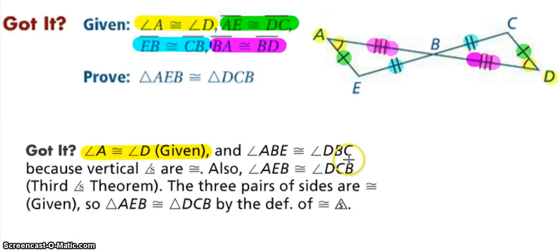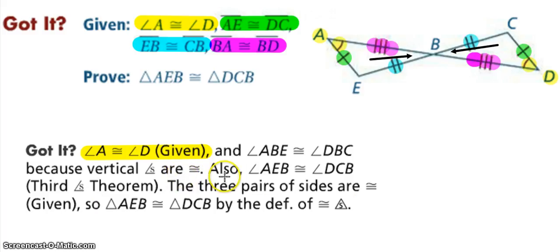All right, let's work through this problem here. I have color-coded everything that was given to you just so you can kind of match it up here in the figure so you can tell where it's at. So we start by talking about angle A being congruent to angle D. We could also then state their measures are equal. But then if I look right in here at this angle, which would be ABE, and this angle here, which would be CBD, those have to be congruent because they're vertical angles.